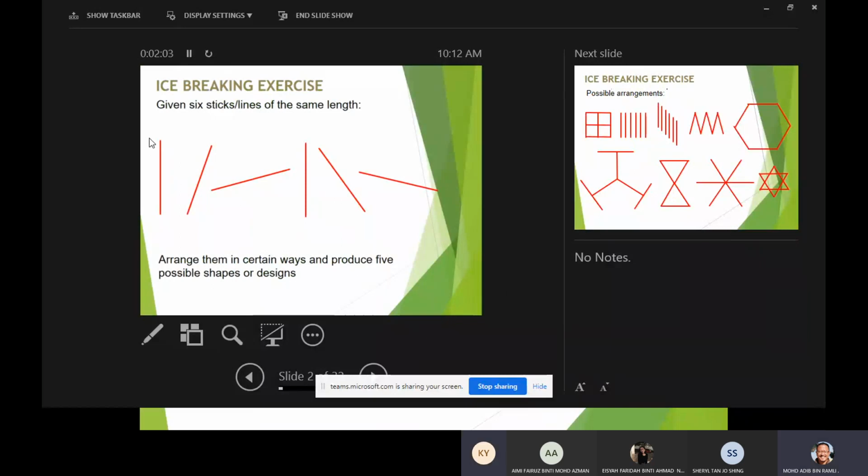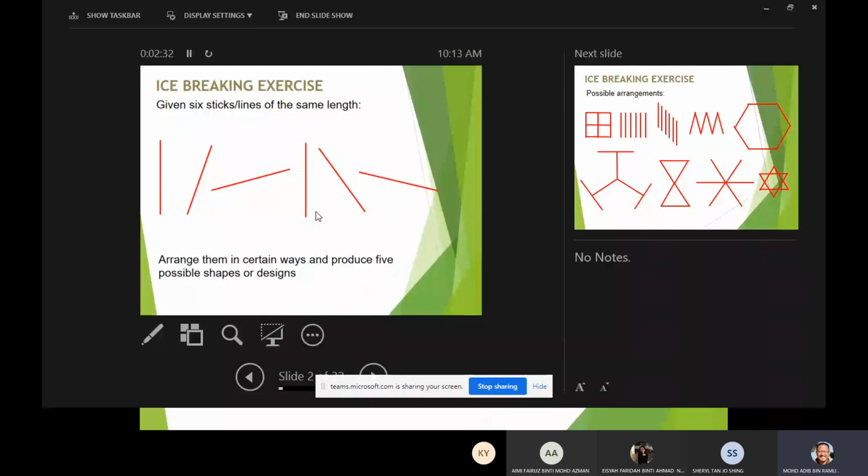So use these 6 lines to create any shape. What I expect you to produce is some kind of shape, design or pattern. But in order to produce it, most likely you're going to use some kind of organizing principles.